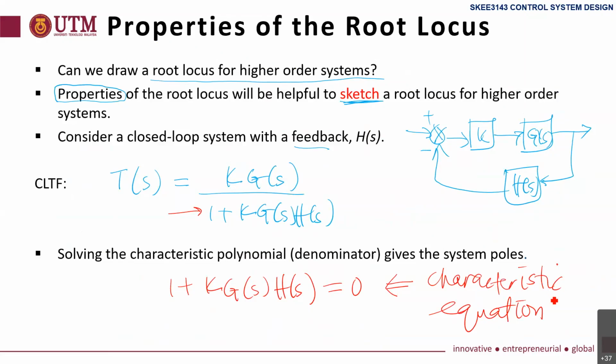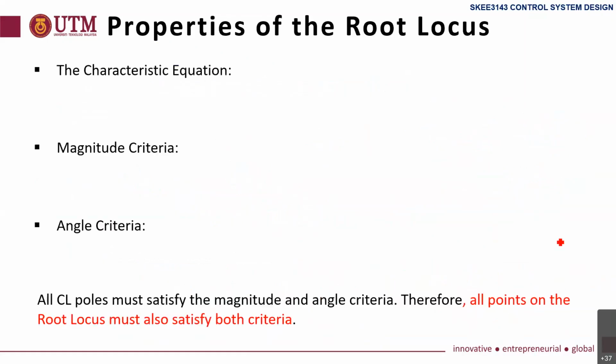So when people say characteristic equation, they mean equating the denominator to 0. Solving the characteristic equation will give the system poles. So I will write again here, 1 plus K G(s)H(s) equal to 0 is the characteristic equation.